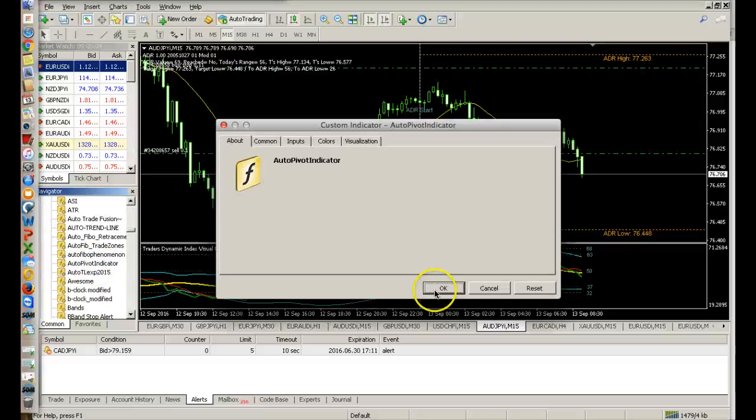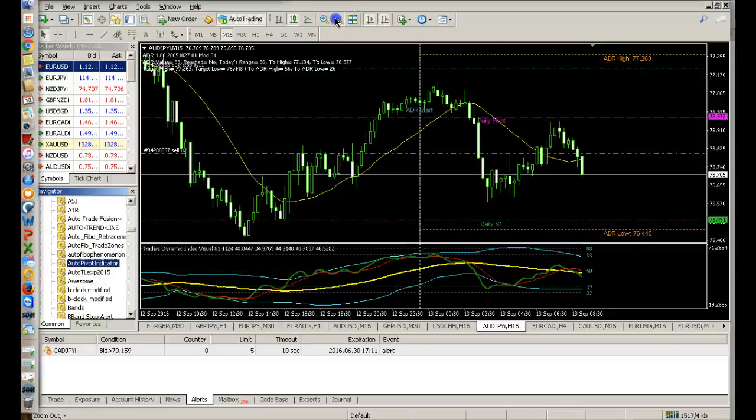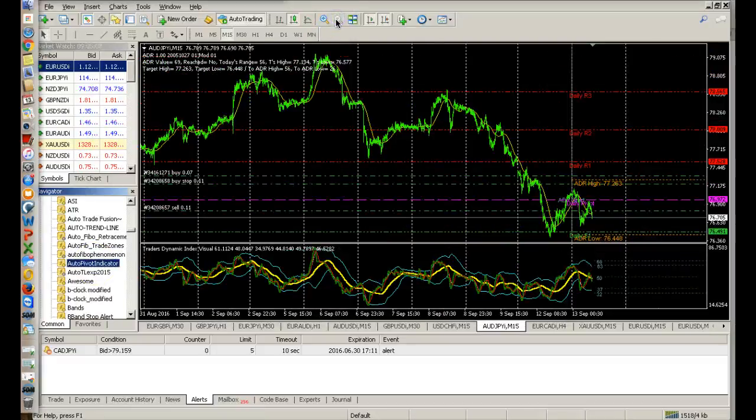Auto pivot. That's a good buying opportunity, right at the 491. It's right at the ADR too.